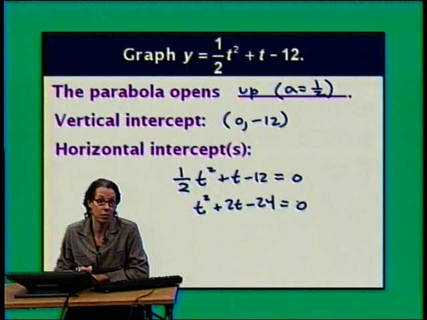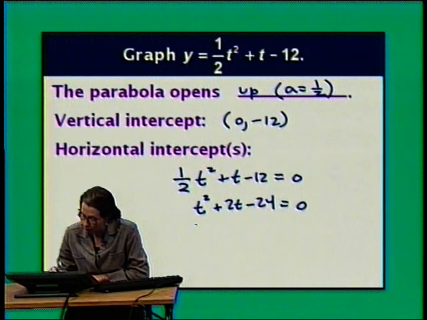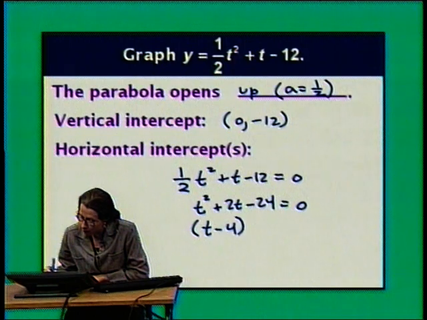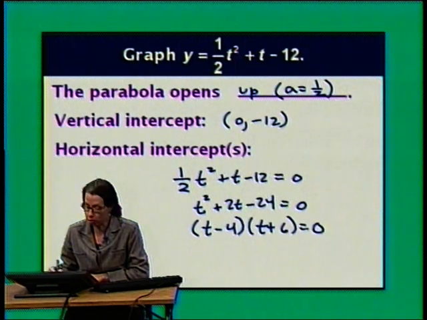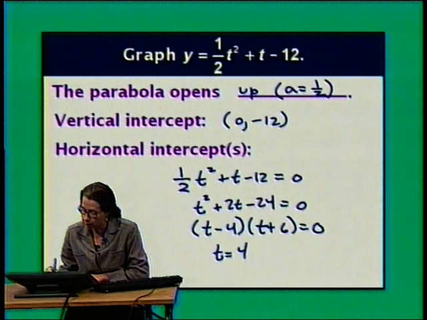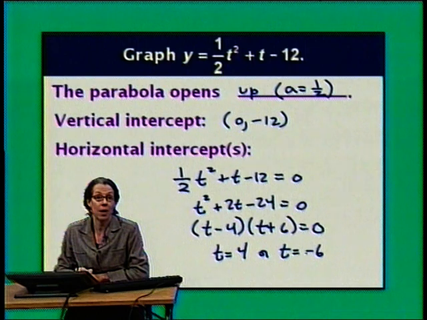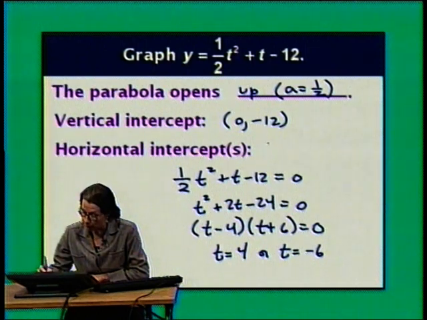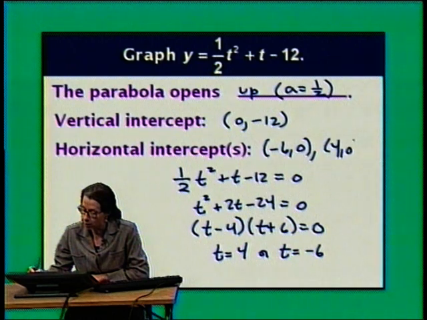Yeah, +6, -4. So this will factor quite easily, and I get two possible solutions here, t equals 4 or t equals -6. So I have two horizontal intercepts at (-6, 0) and at (4, 0).